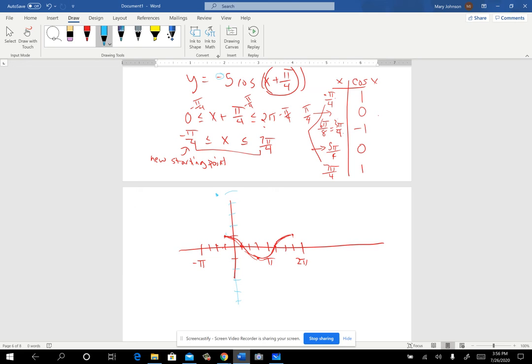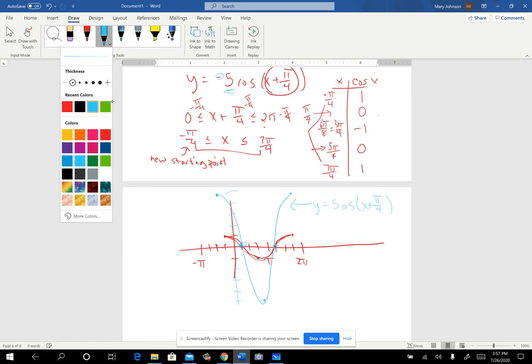So the 5 by itself would stretch your graph vertically. These would stay at 0, but these other pieces, 1, 2, 3, 4, 5, would be 5 times as far away from the x-axis. So that would be y equals 5 cosine of x plus pi over 4.